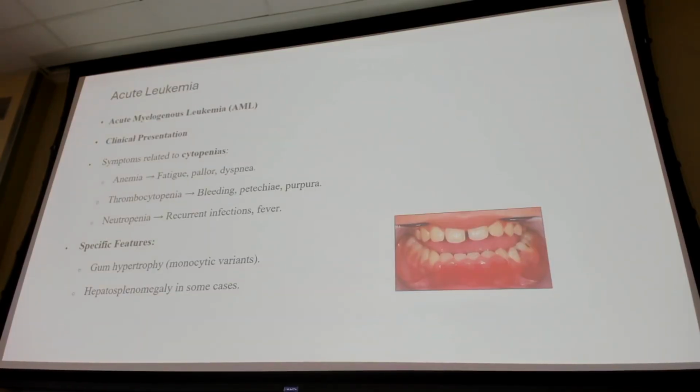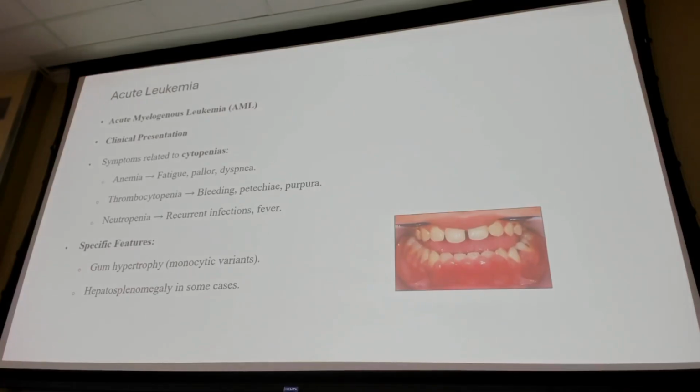All right. AML. How do they present? Some sort of cytopenia. Right? And then you guys know what happens with these cytopenias. If it's anemia, you know this, fatigue, weakness, pallor. If it's a thrombocytopenia, is there a bleeding issue? Is there petechiae and purpura associated with it?